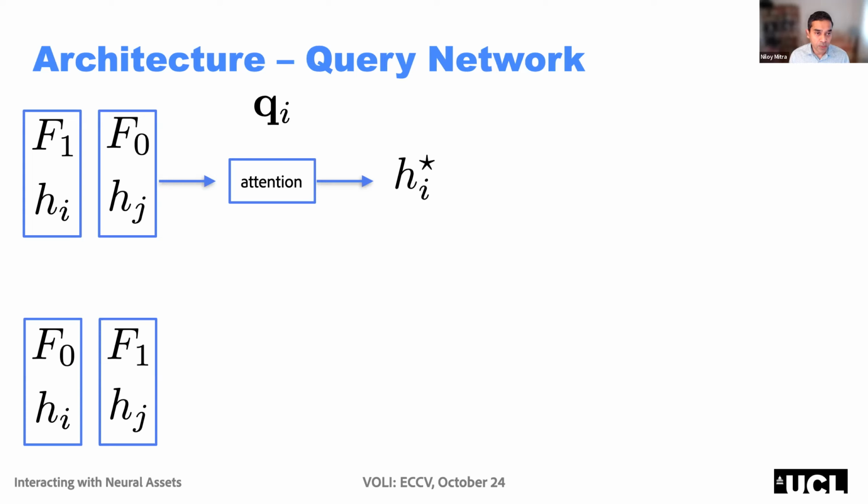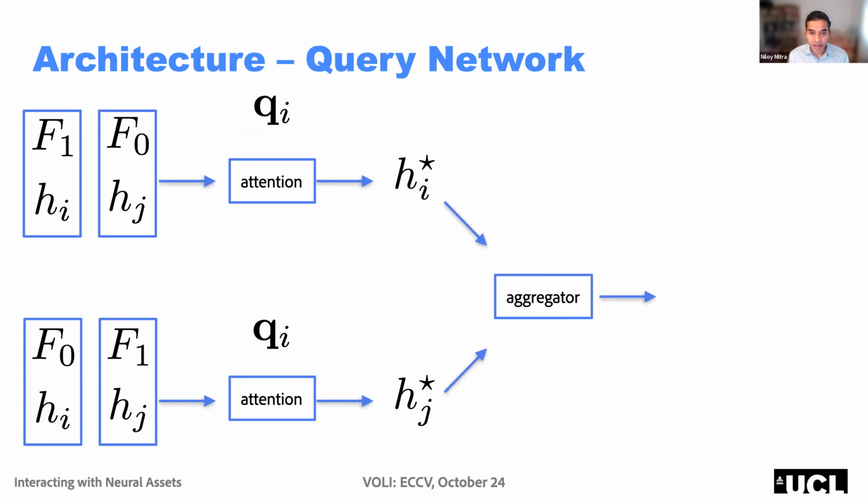But the interesting thing that we do inside this attention block is that this query is re-indexed in the local coordinate frame of the primitive. So it is relative to the coordinate frame of each of the primitive boxes to get an HI star, similarly HJ star. And these are aggregated in a permutation invariant way to give a final occupancy. By construction, this means that if the chair is rotated as a whole, everything would be equivariant, because everything is relative to the coordinate frames of the parts.